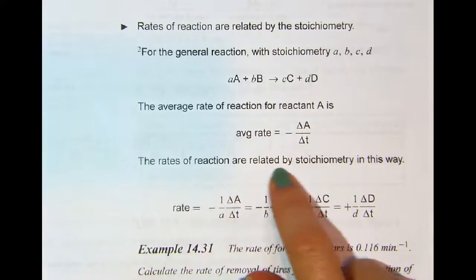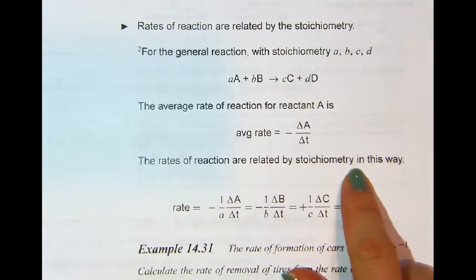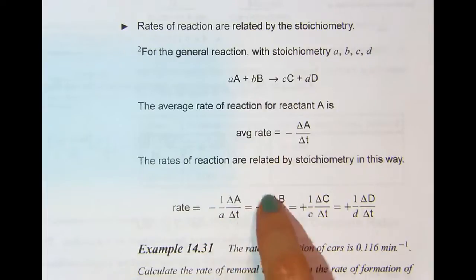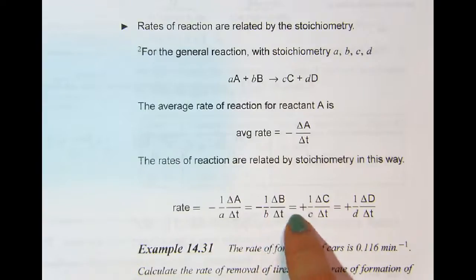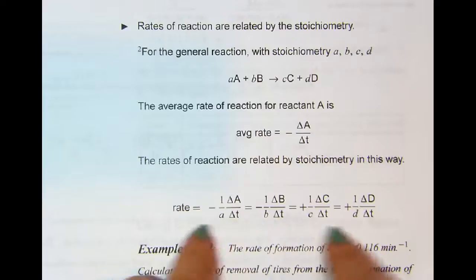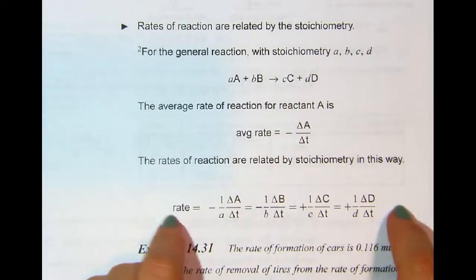The rates of reaction are related by stoichiometry in this way: 1 over the stoichiometry times the rate of A is equal to 1 over the stoichiometry times the rate of B, which is equal to 1 over the stoichiometry times the rate of C, which is equal to 1 over the stoichiometry times the rate of D. So this right here is note card worthy.